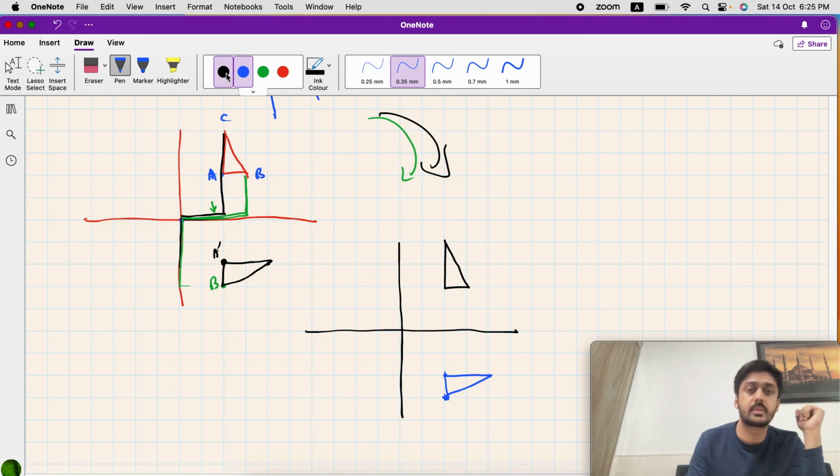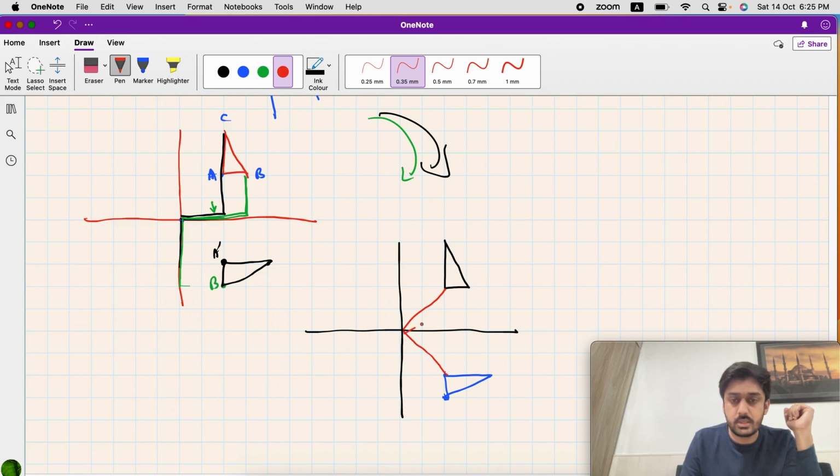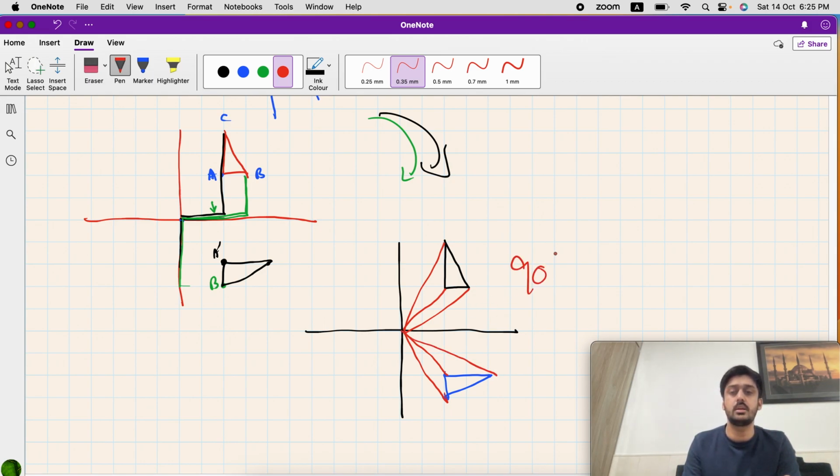That's it. You've done the rotation. Now do not forget to draw these construction lines to tell the examiner how you actually went through them. So this is 90 degrees clockwise rotation about the origin 0, 0.